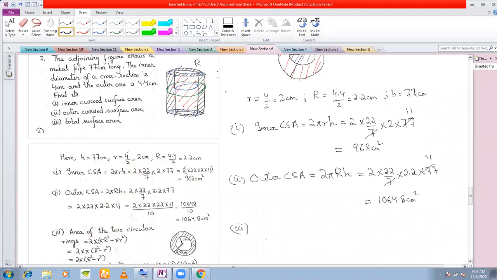So therefore, total surface area is equal to inner curved surface area plus outer curved surface area plus twice the area of the circular ring.